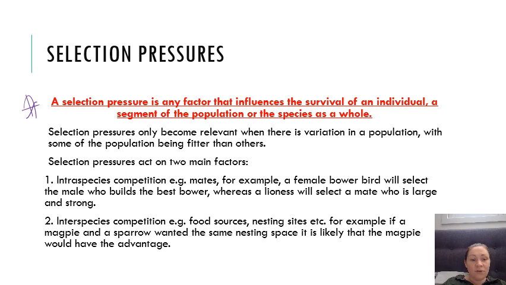Selection pressures can act on two main factors: intra-species competition, so competition within a population for mates or the ability to hunt and find food, and interspecies competition, so animals of different species competing for food, nesting sites, etc.